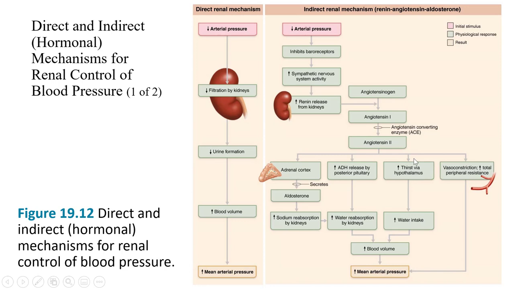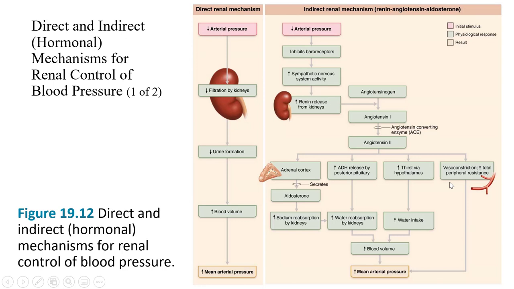So you retain water. Then angiotensin 2 stimulates our thirst center in the hypothalamus. It will make us thirsty, and we are going to take in a lot of water.